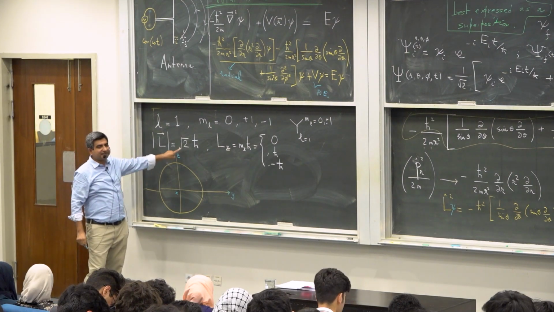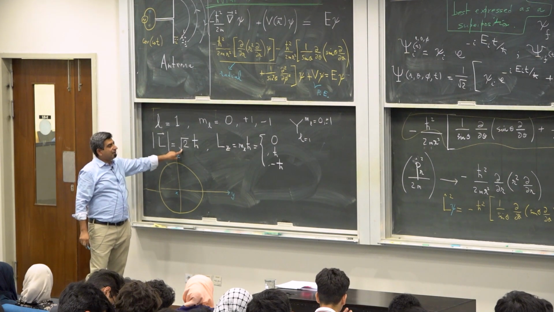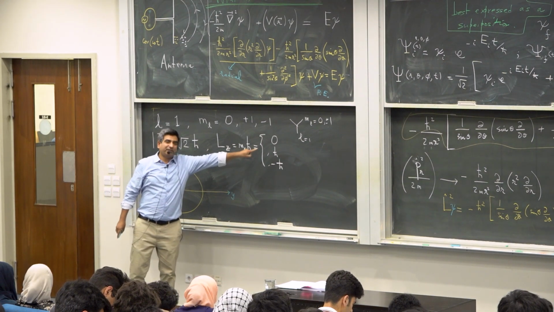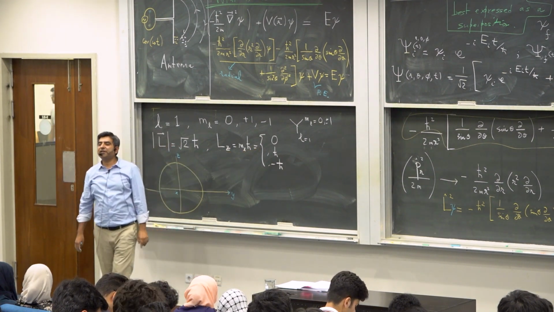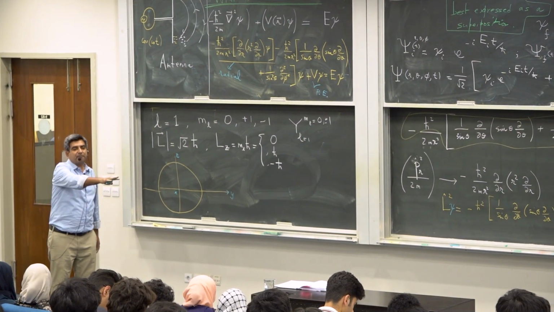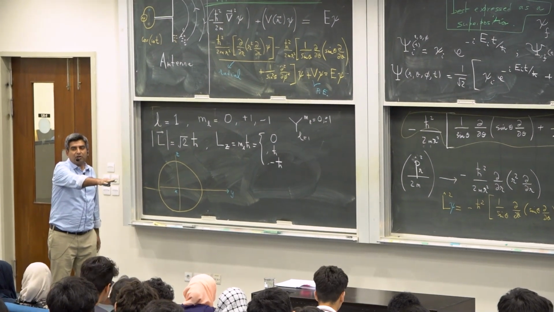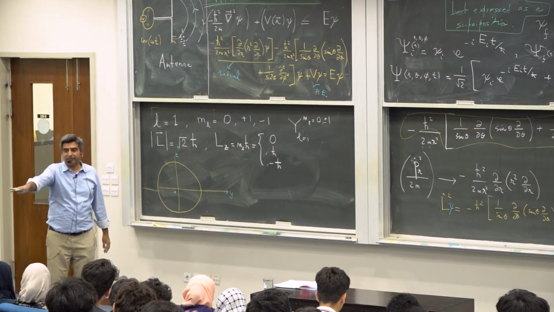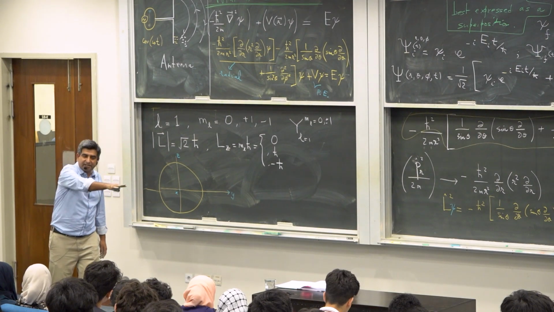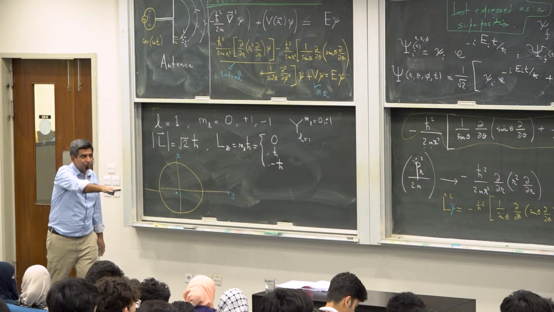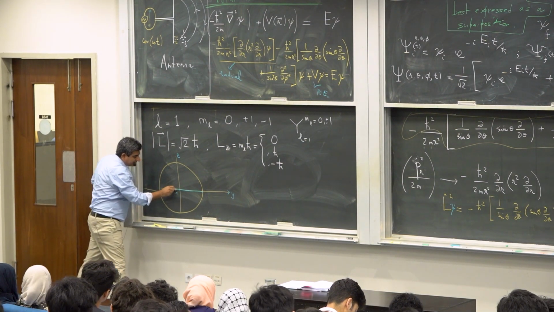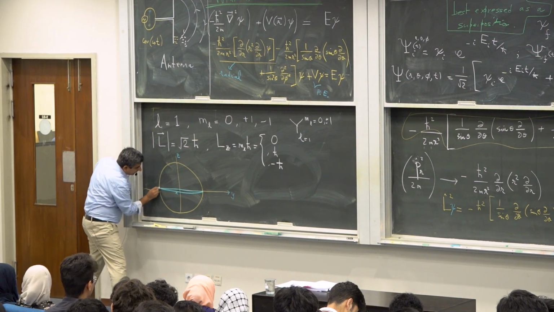The radius of the circle is under root 2 h bar. But I'm constrained by the z component. My z component can only be 0. If my z component is 0 for the angular momentum, what direction could my angular momentum point in? Any xy, but z must be 0. So I could be anywhere on this xy plane and still keep my angular momentum length equal to square root 2 h bar. So I could be anywhere on this plane.